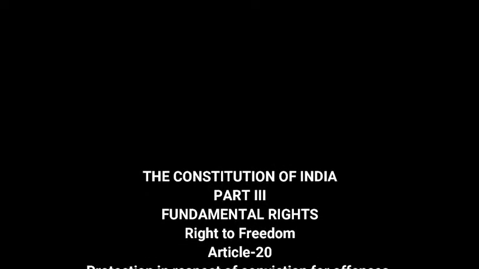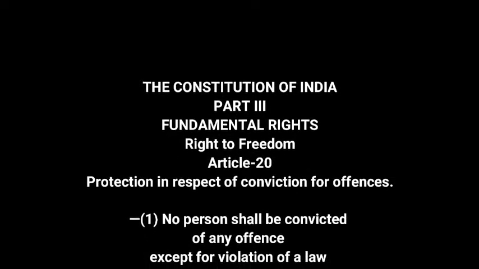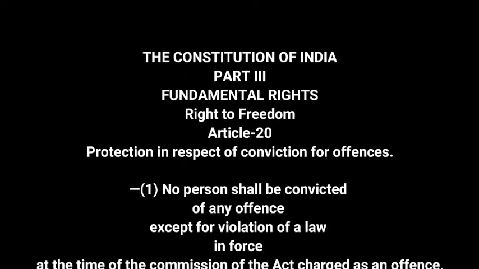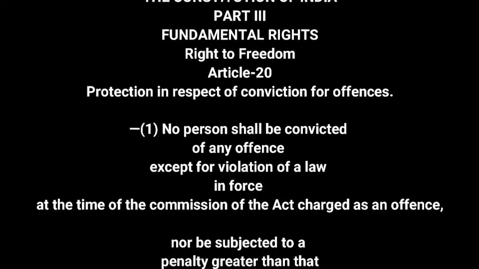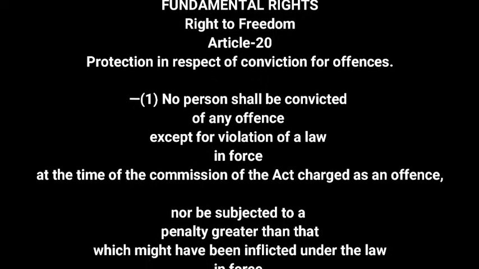Constitution of India. Part 3. Fundamental Rights. Right to freedom. Article 20. Protection in respect of conviction for offences. No person shall be convicted of any offence except for violation of a law in force at the time of the commission of the act charged as an offence, nor be subjected to a penalty greater than that which might have been inflicted under the law in force at the time of the commission of the offence.